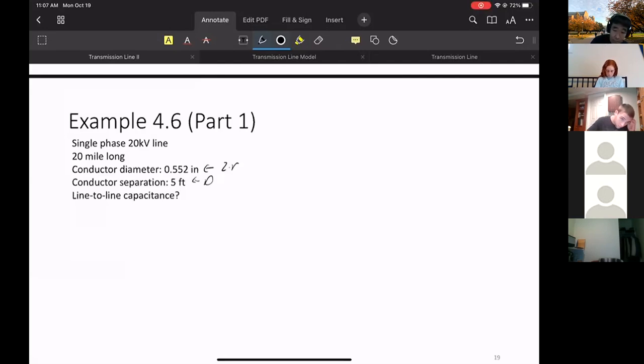So let's do this line-to-line capacitance calculation. First, let's compute the radius in terms of feet. 0.552 over 2, change the diameter to a radius, times 1 over 12 feet per inch. So this is 0.023 feet.